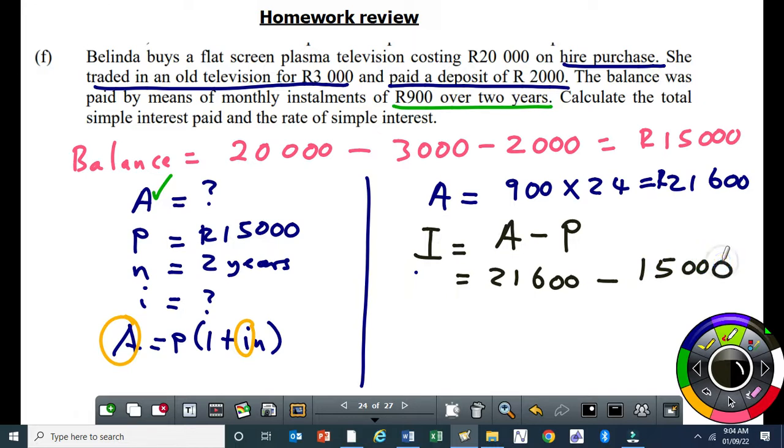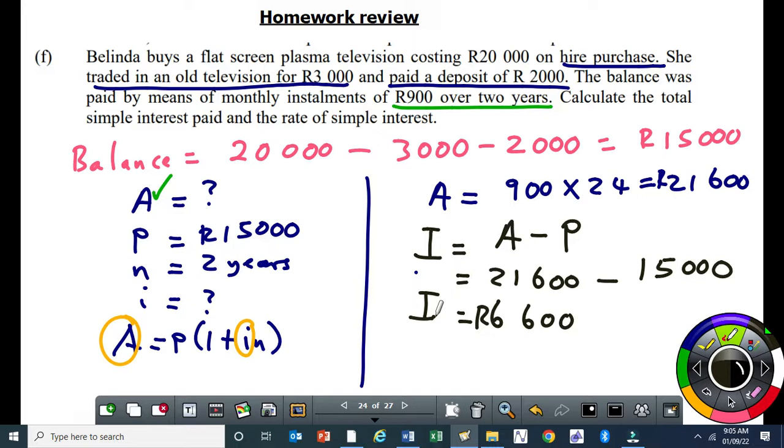P is the amount that she borrowed. So the total here will be 6,600. This is the total interest that she paid. So she paid 6,600 as interest.